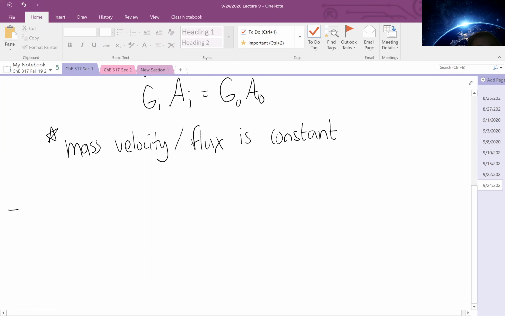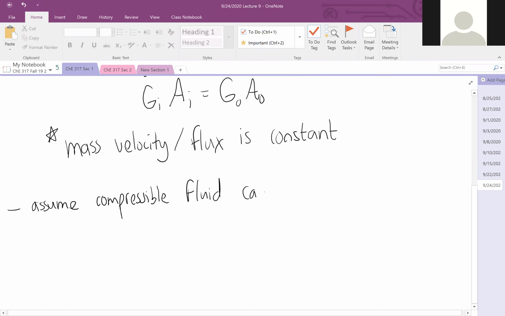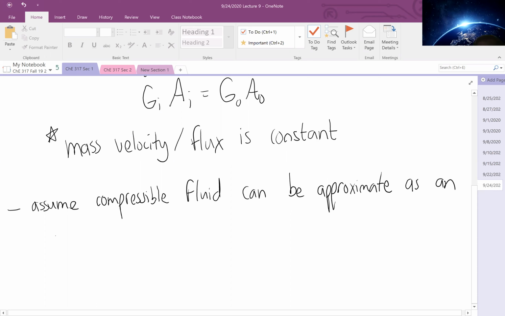We also stated that in general, we can assume that a compressible fluid can be approximated as an incompressible fluid if the velocity is low.